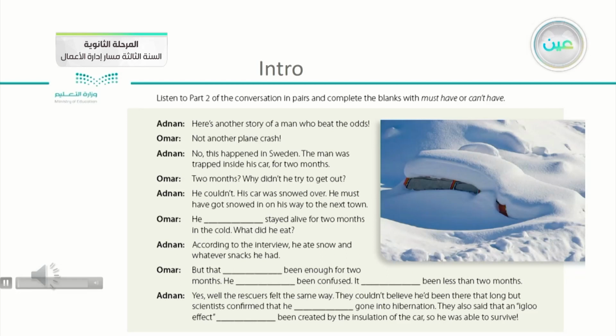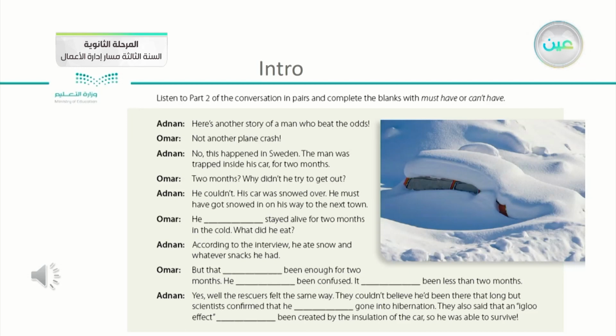Here's another story of a man who beat the odds. Not another plane crash. No, this happened in Sweden. The man was trapped inside his car for 2 months. 2 months? Why didn't he try to get out? He couldn't. His car was snowed over. He must have got snowed in on his way to the next town. He can't have stayed alive for 2 months in the cold. What did he eat?